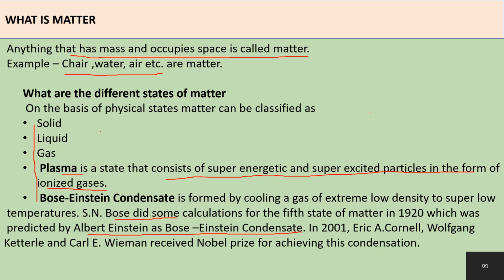In 2001, Eric A. Cornell, Wolfgang Ketterle, and Carl E. Wyman received Nobel Prize for achieving this condensation. This condensate is formed by cooling a gas of extreme low density. Density is as low as 100 or 1000 of air density to super low temperatures.